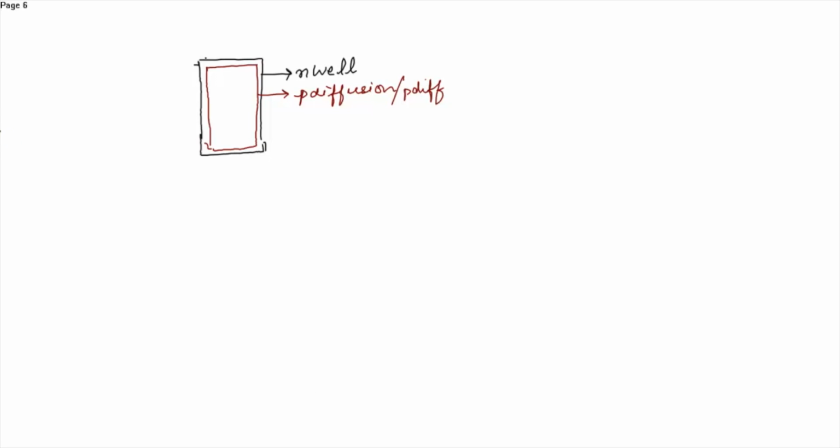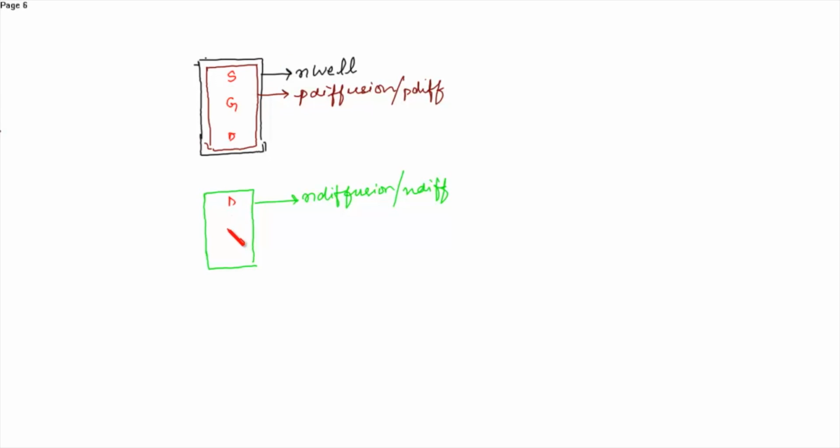Then there is the N diffusion layer. Or the N diff layer. Now after drawing the PMOS and NMOS, label this as source, gate, drain.